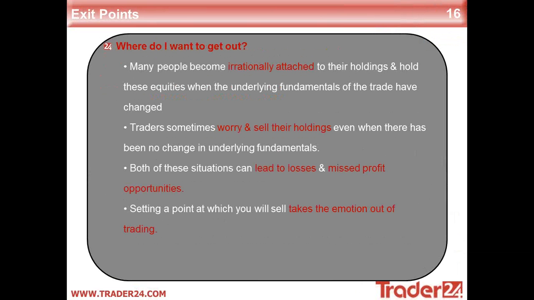Setting a point at which you will sell takes the emotion out of trading, and that's obviously the important thing here. We want to keep discipline and keep the emotions out of it. As most of you will have found out, trading is an emotional thing. The whole concept here is, if I know the point at which I'm entering, my potential upside, my potential downside, and I can live with that, and I've put these levels in for a particular reason, then I can walk away from the trade altogether because I know it's all automated.